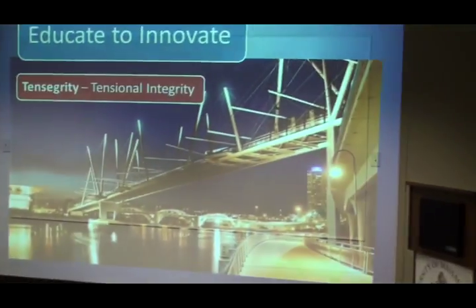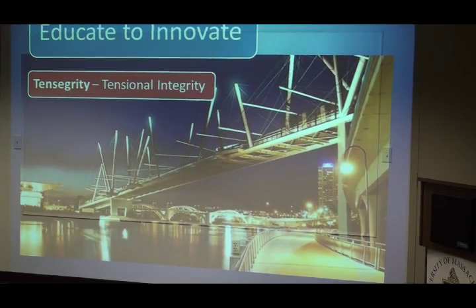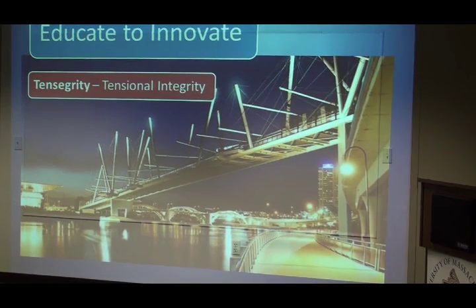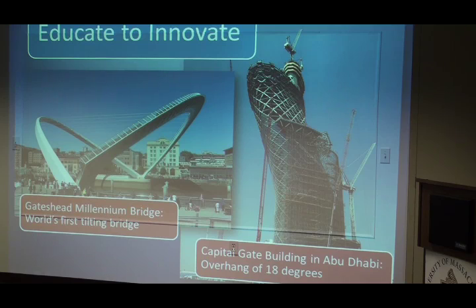Just an example of innovation. This is a bridge in Brisbane, the Kurilpa Bridge, and it's the world's first tensegrity bridge, a structure that uses a system of compression and tension to create a light but incredibly strong support. I think it's a beautiful bridge, but when it was being built, there was a lot of criticism about it, but it's very innovative and a good example of what society can do these days. Another example is the Gateshead Millennium Bridge.